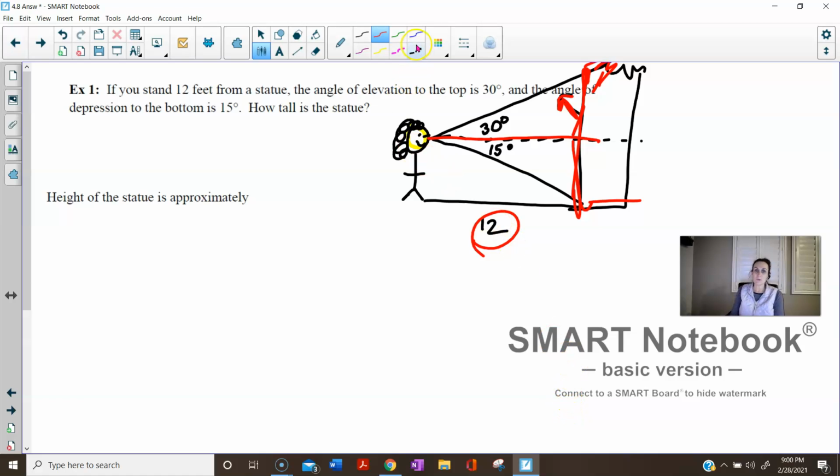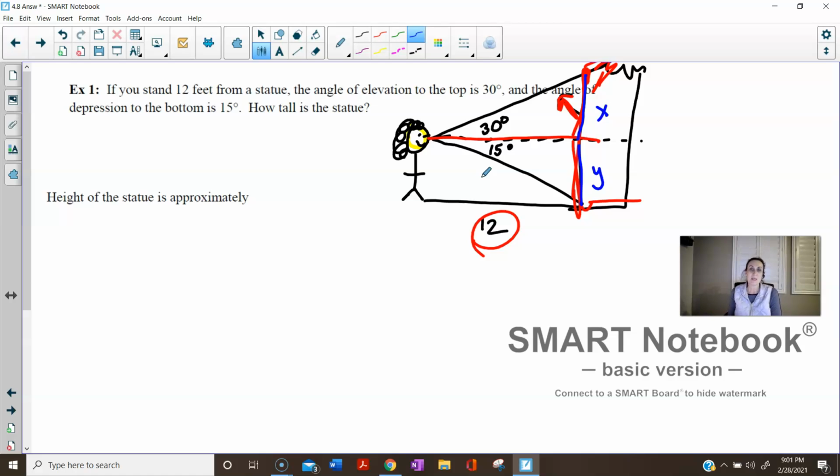So what we're going to do is figure out from here up and call it X. And then we're going to look at this part and call it Y. I should say that this is not drawn to scale because this 15-degree angle should be a little bit smaller.